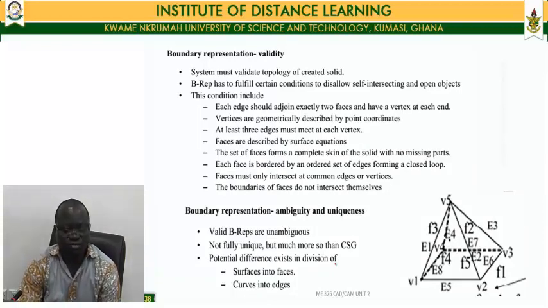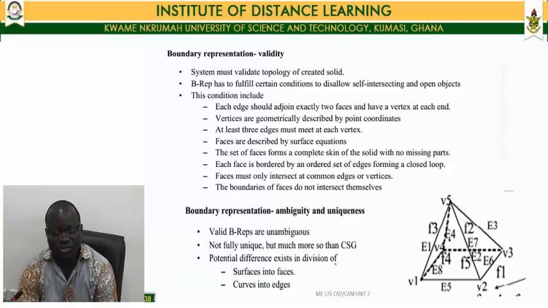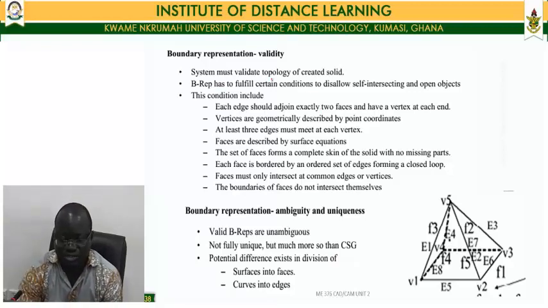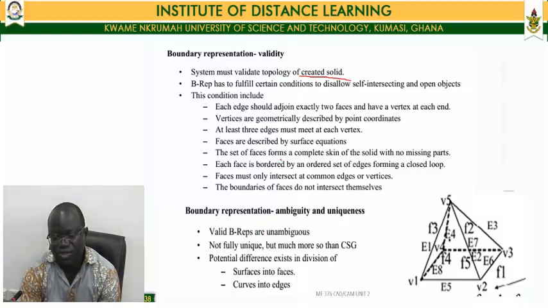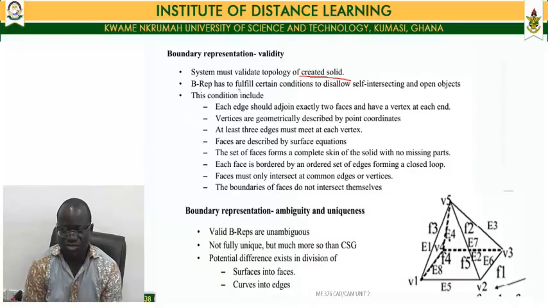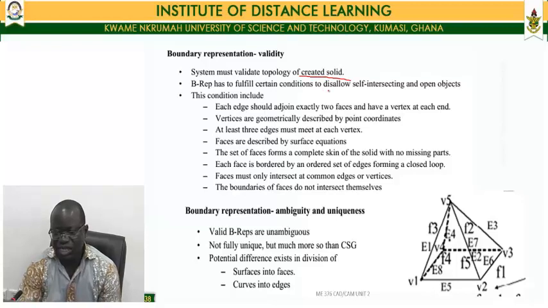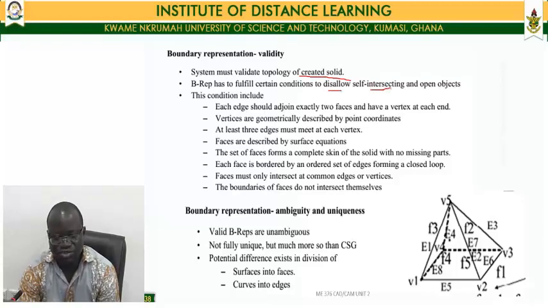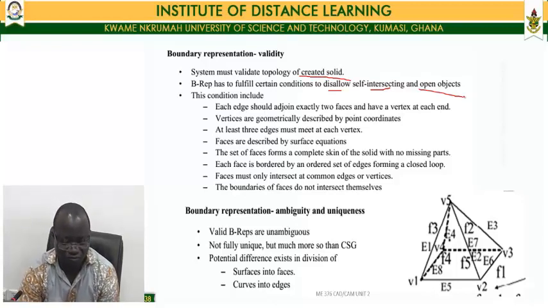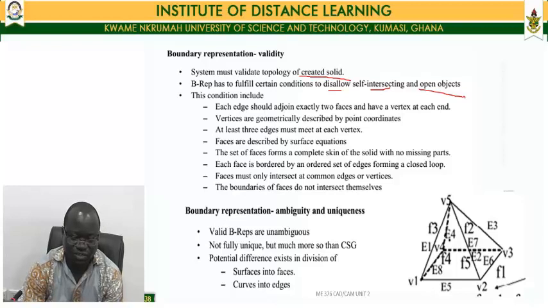Because it has to validate the topology, BREP has to fulfill certain conditions that disallow self-intersecting and open objects, because you cannot have a solid with edges or features which are self-intersecting and also open. So these conditions have to be fulfilled for you to have valid topology information for your BREP.